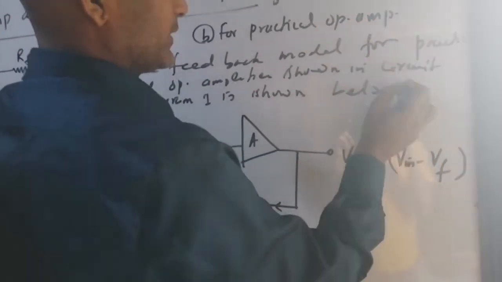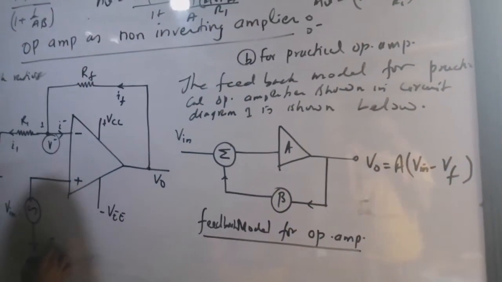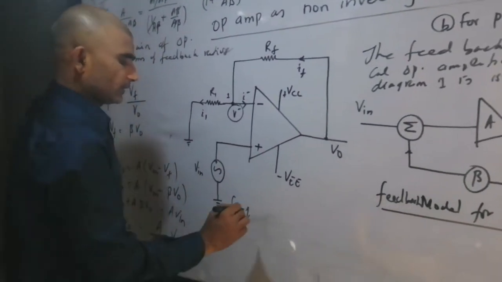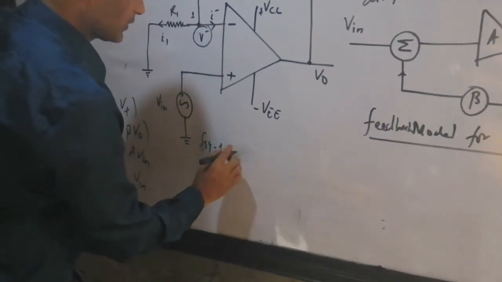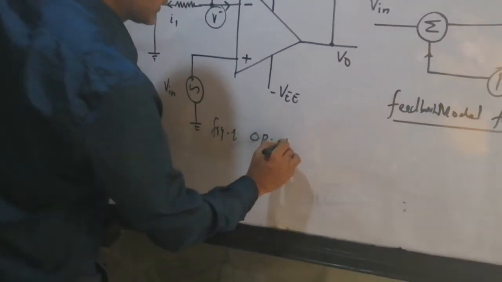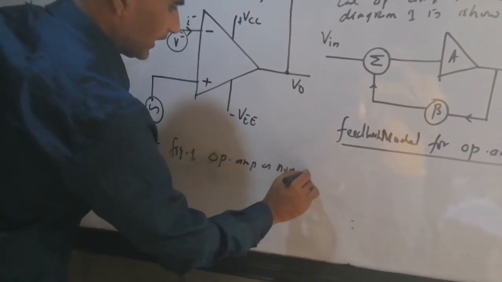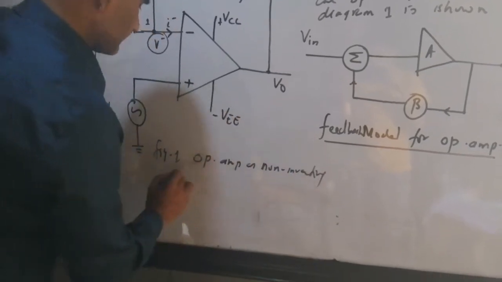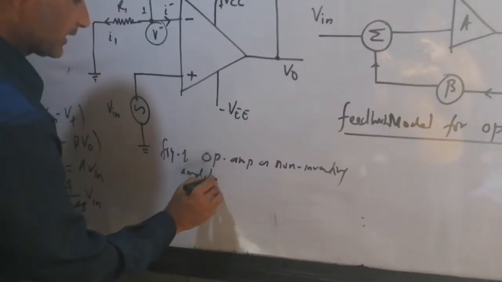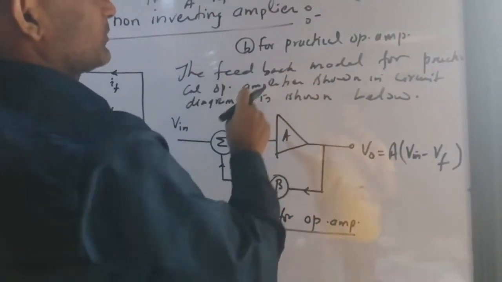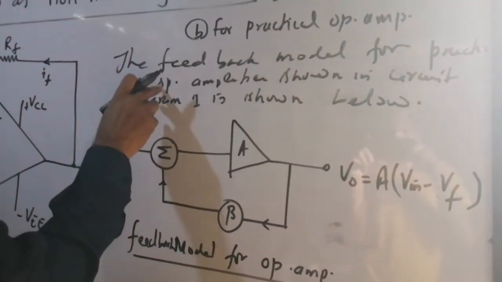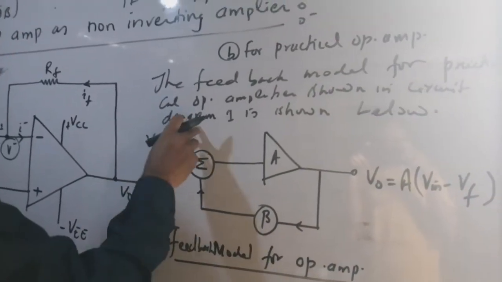This is our figure 1, the circuit diagram for the operational amplifier as a non-inverting amplifier. So now we wrote the feedback model for the practical operational amplifier shown in the figure below.